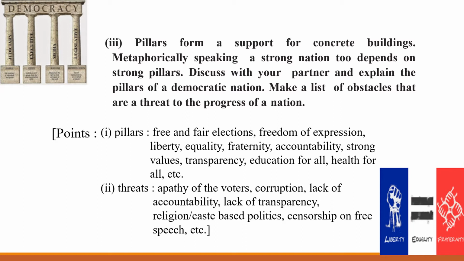Here, points are given like pillars are free and fair elections, freedom of expression, liberty, equality, fraternity, accountability, strong values, transparency, education for all, health for all, etc. Based on this, you can elaborate your answer.